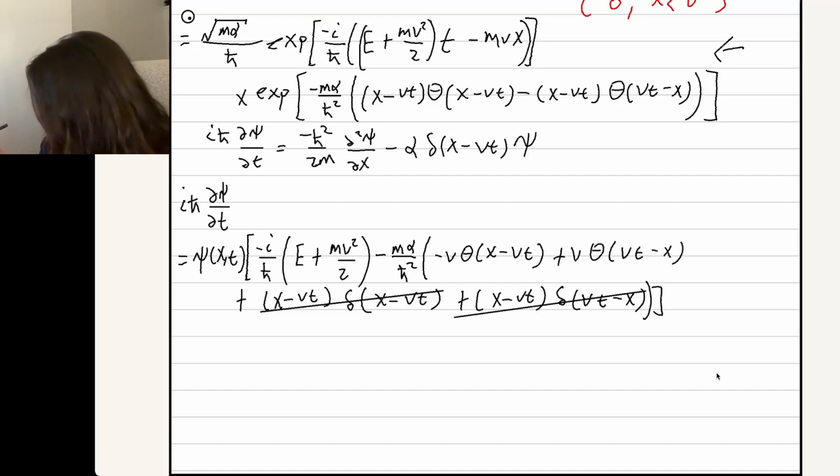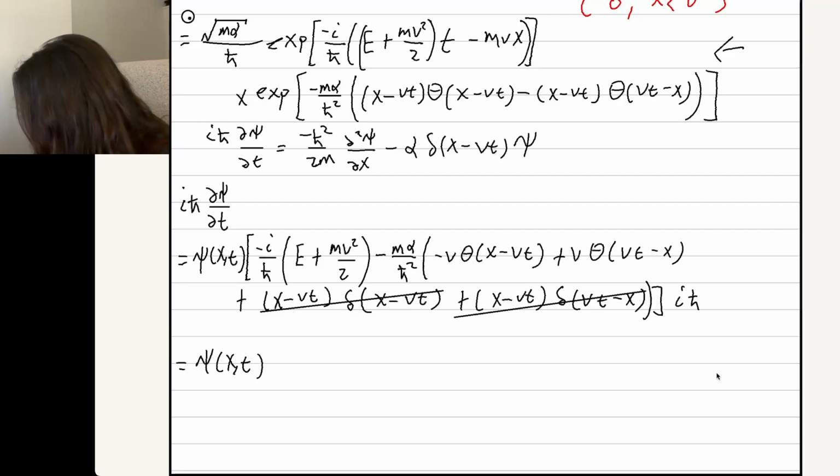And there's the end of the parentheses there. There's going to be an i h bar out in front of all of it, because it's still i h bar times that. So moving the i h bar in, we actually have psi of x and t. i squared is minus 1, so this is just e plus mv squared over 2. And then it's minus i m alpha over h bar.